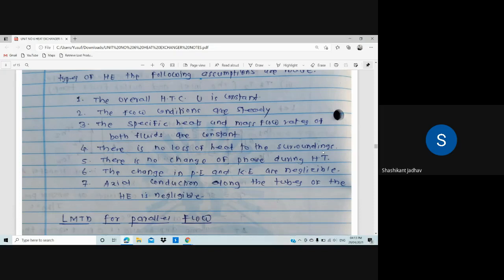Okay. Then seventh, axial conduction along the tubes of the heat exchanger is negligible. जो काय मोड ऑफ कंडक्शन असणार आहे along the tubes जो असणार आहे तो आपण negligible consider करणार आहे.